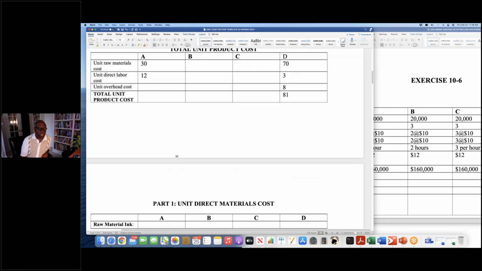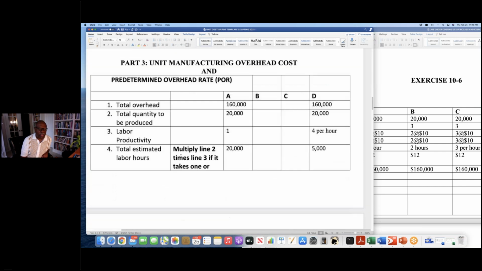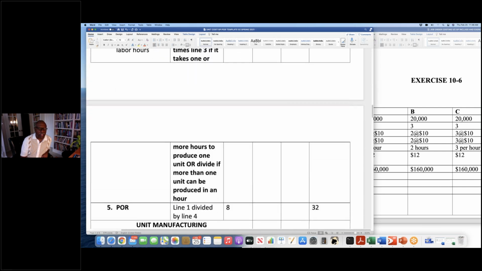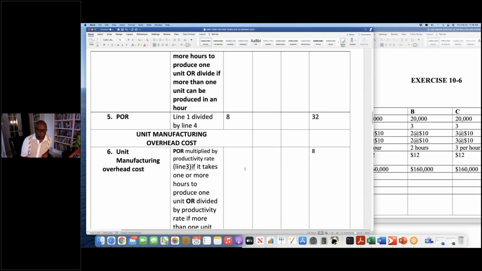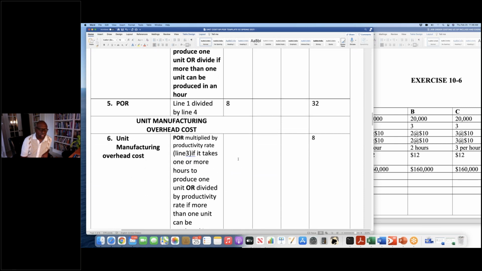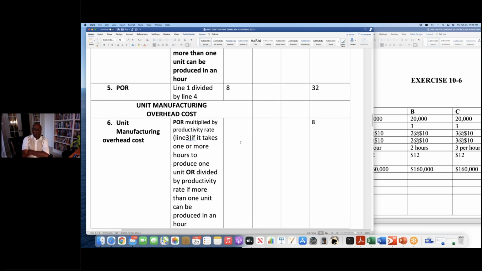Now I'm going to go back down here and figure out my unit cost for overhead. So what's going to be the cost of the overhead allocated to each product? You would multiply it, so it'll be 8.